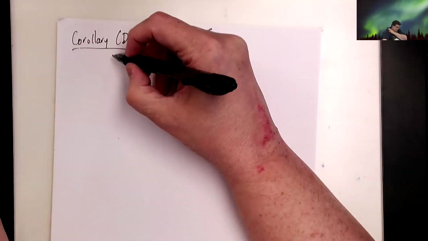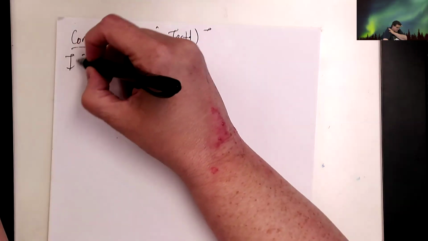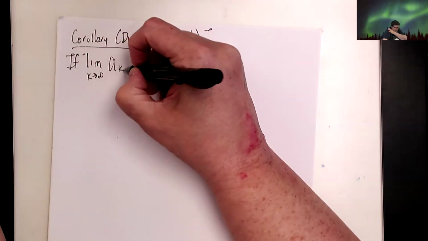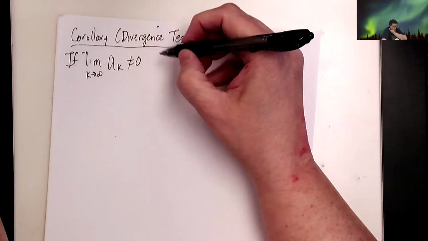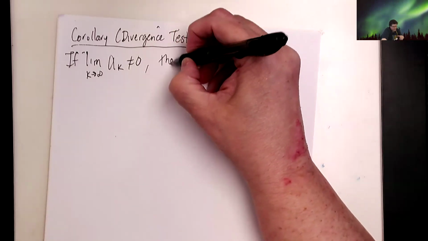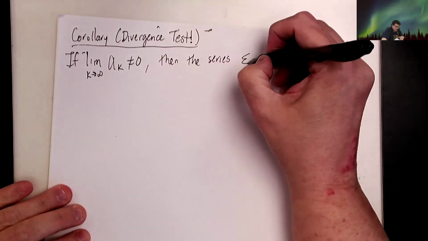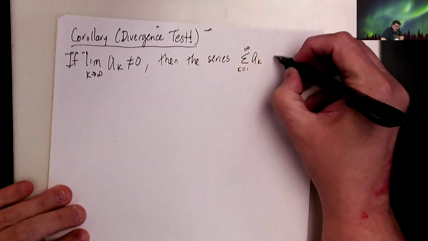If the limit doesn't equal 0, then the series sum from k equals 1 to infinity of a sub k diverges.